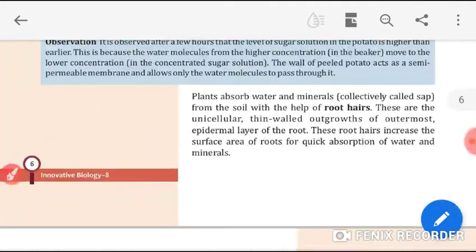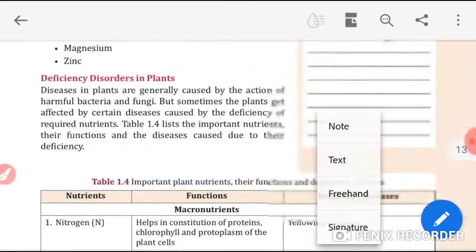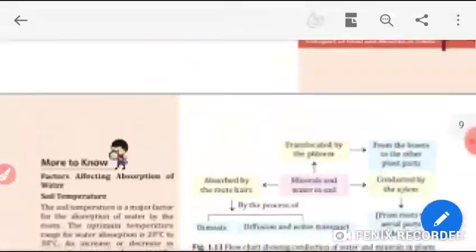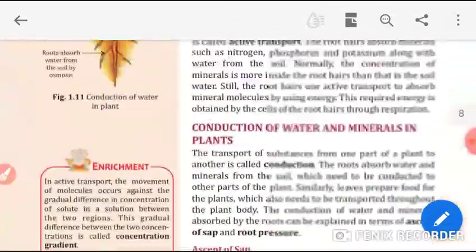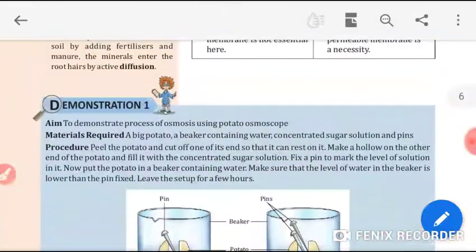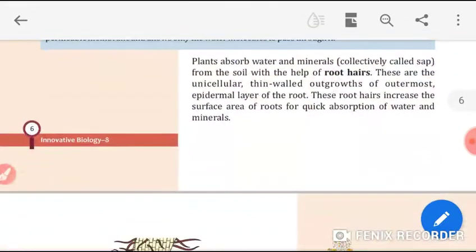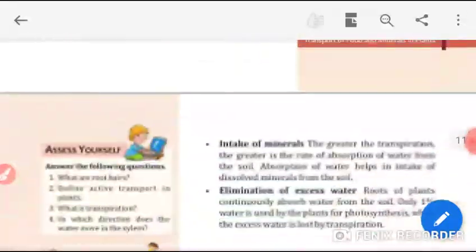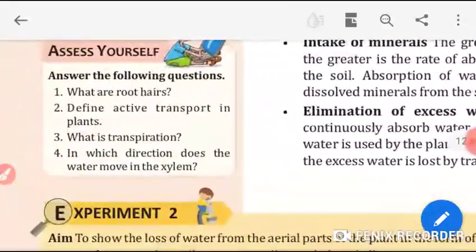So now come back to your question on page number 12. Define active transport in plants.